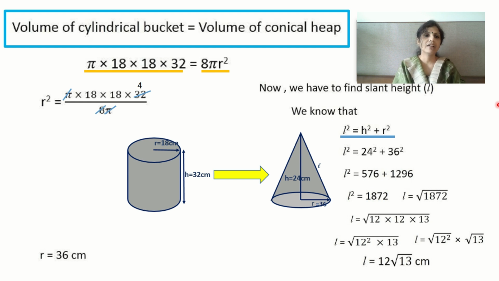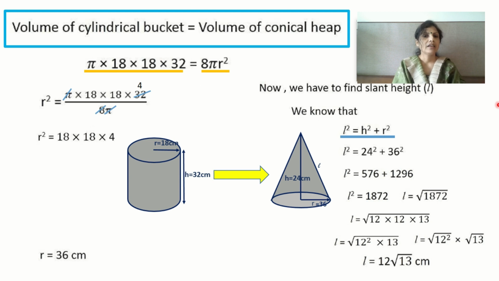So r square is equal to pi into 18 into 32 upon 8 pi. So now cancel out pi, then you can cancel this. 8 4s are 32. So we are left with r square is equal to 18 into 4.